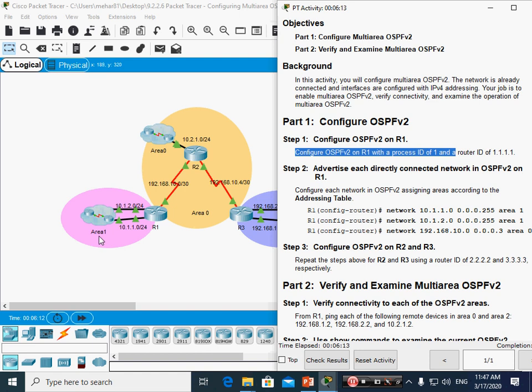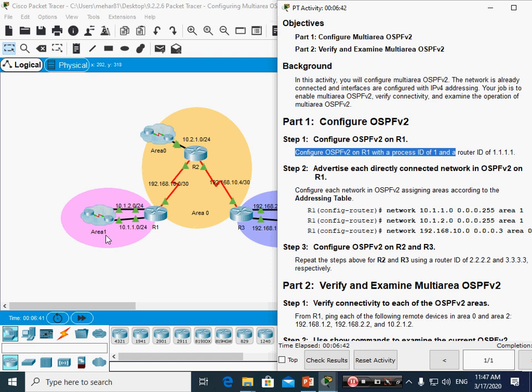Okay, so why do we need to configure areas? What are the issues in a single area? I'm going to tell you briefly. With a single area, the most common issue we faced is the large routing table. If you have a large network, your routing table will become too big, so you will run short of memory.